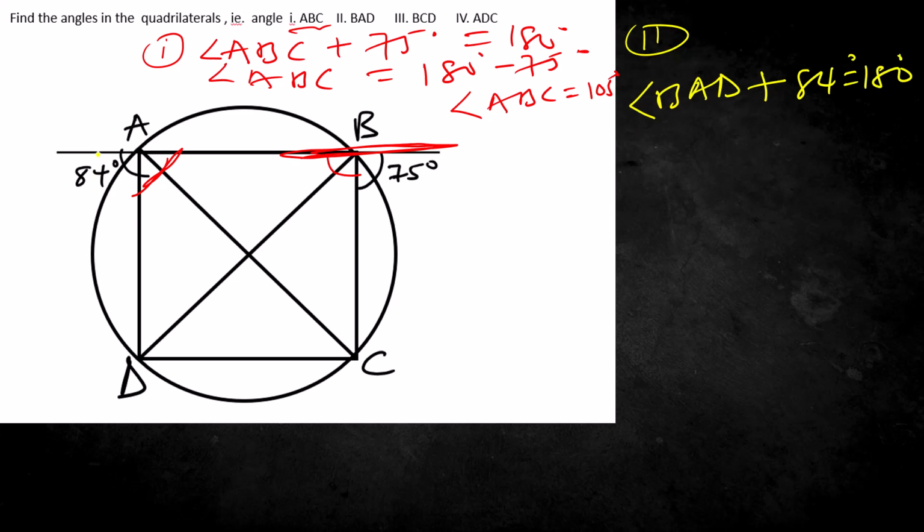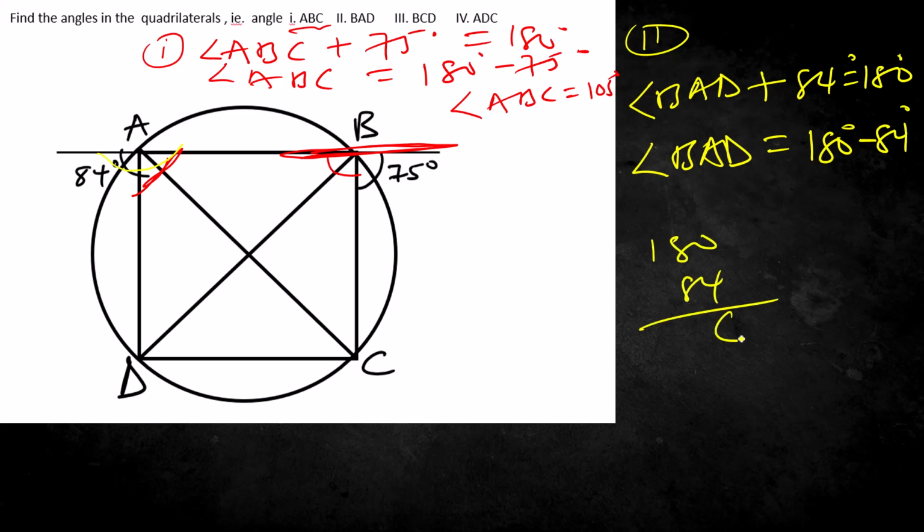So angle BAD is 180 minus 84, which is 96. So angle BAD is 96 degrees.